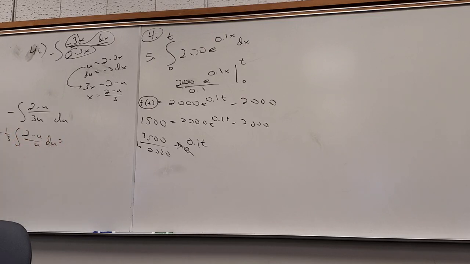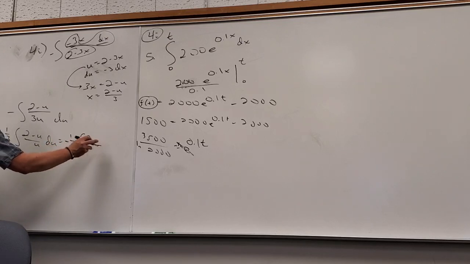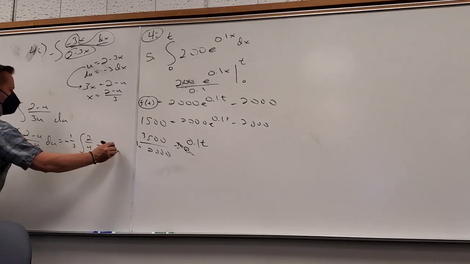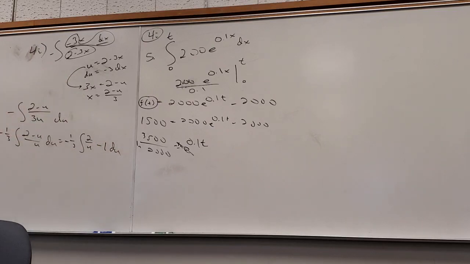Do you see what I can do? I don't have a quotient rule, but I don't care, because now the bottom is one term. So what can I do? Break it up. 2 over u minus u over u. Well, that kicks ass. What's the integral of 2 over u? Natural log of u. Good.